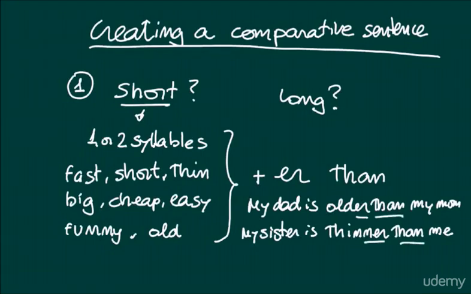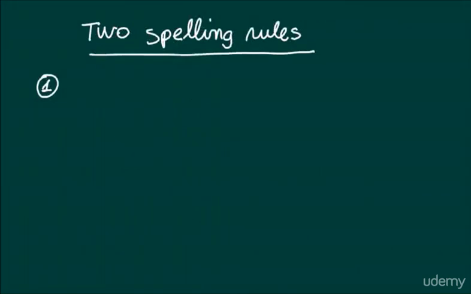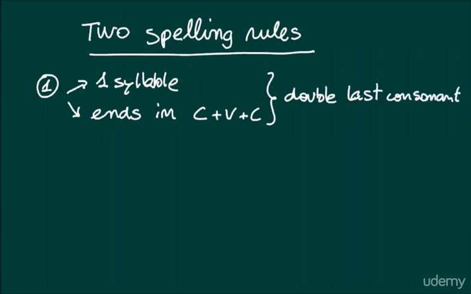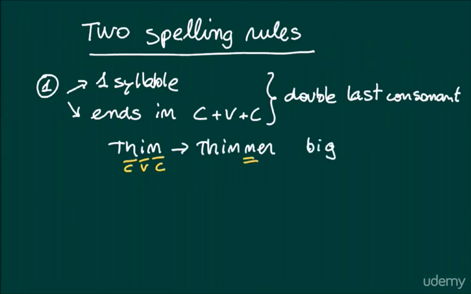There are two spelling rules here that you have to remember. 1. When an adjective has only one syllable and ends in consonant plus vowel plus consonant, we double the last consonant. For example, thin, thinner than. Big, bigger than. 2.